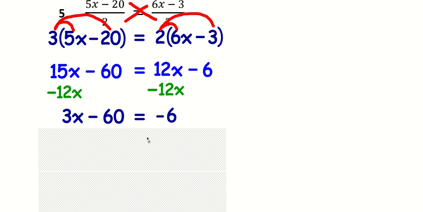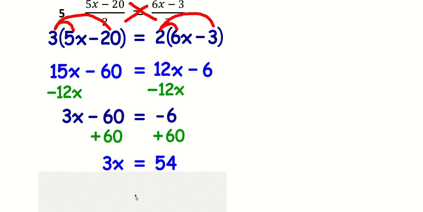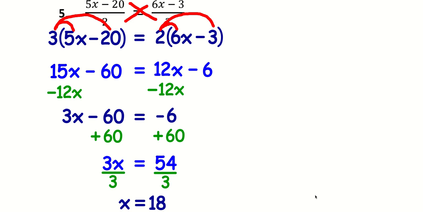And then again, we regroup, refresh, and proceed with getting x all by itself now that it's only on one side. So we add 60 to the other side, and then we divide both sides by 3, and we end up with x equals 18 for that one.